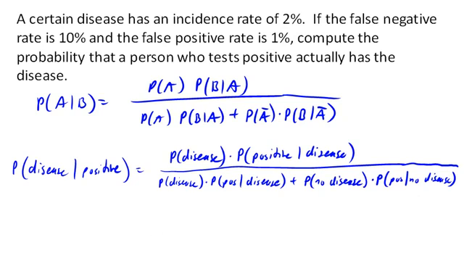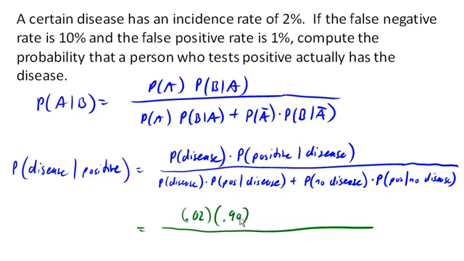So, what is the probability that they have the disease? Well, that is, in this case, 2%, right? It's a 2% incidence rate. What's the probability that they get a positive test given that they have the disease? Well, there's a false negative rate of 10%, which means there's a 90% chance that they'll test positive given they have the disease.